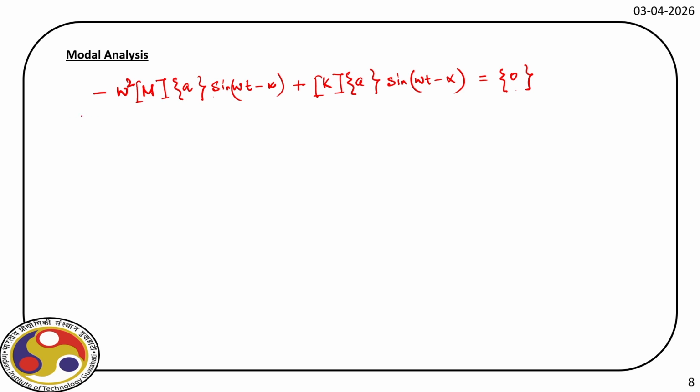Now if we do that, obviously what we get is k minus omega square m. I'm not going to write the third bracket, obviously it is there because this is a matrix equation. Then times a is equal to 0, because this part cannot be 0.